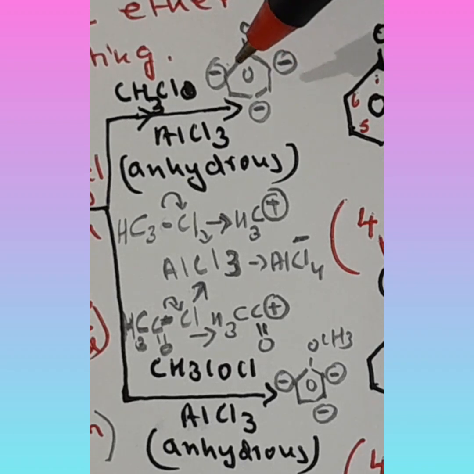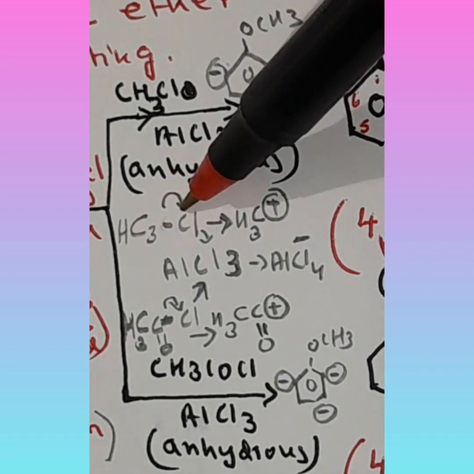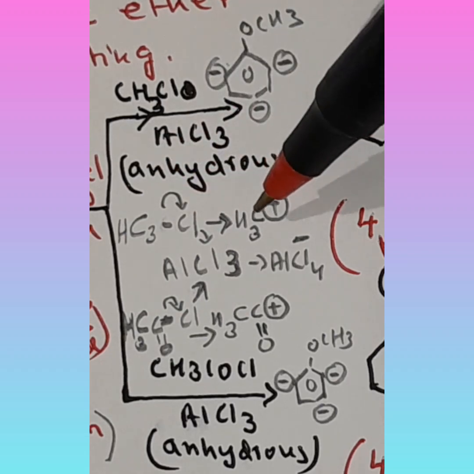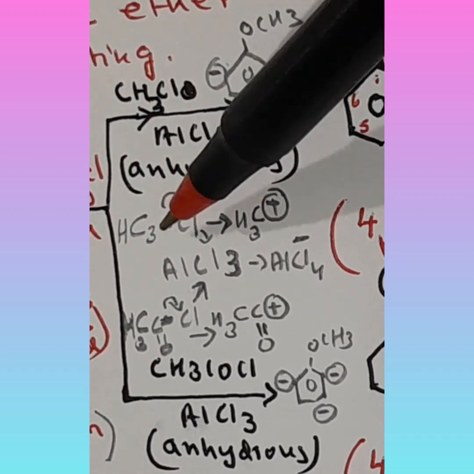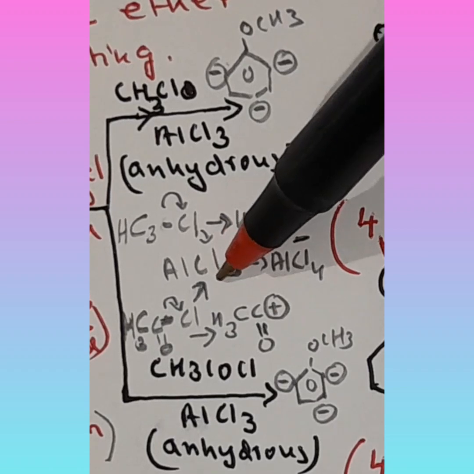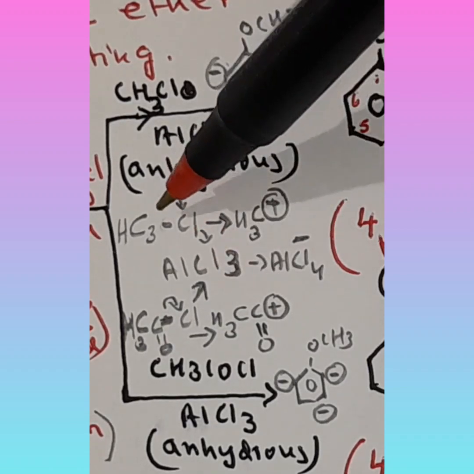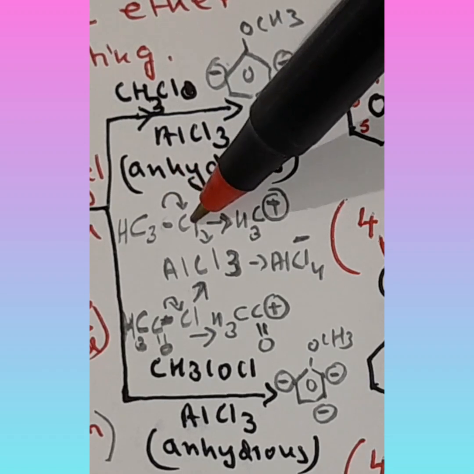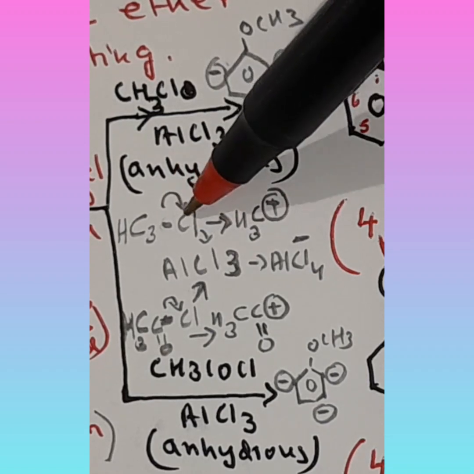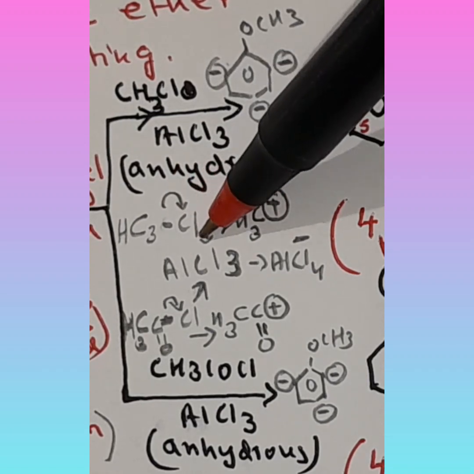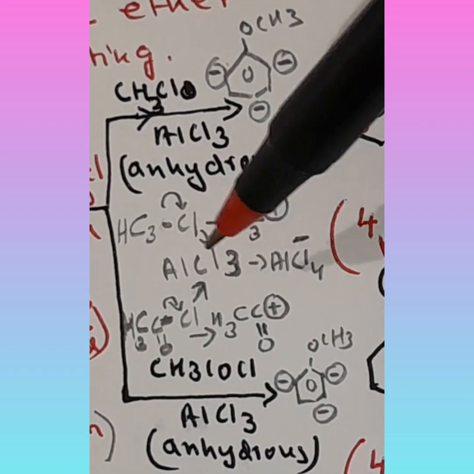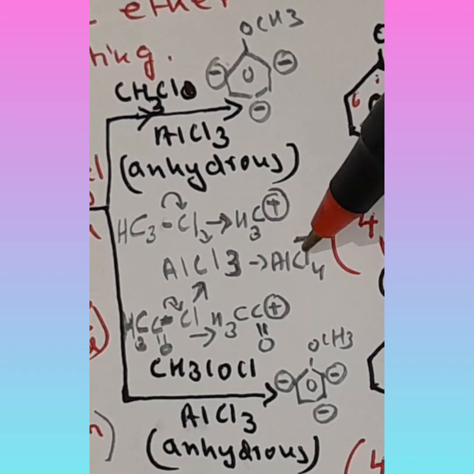Now methyl chloride has to get to the form of a carbocation. Aluminum chloride helps in that. What it does is, this Cl withdraws its shared electron pair, becomes Cl minus and gets transferred to aluminum chloride, forming AlCl4 minus.